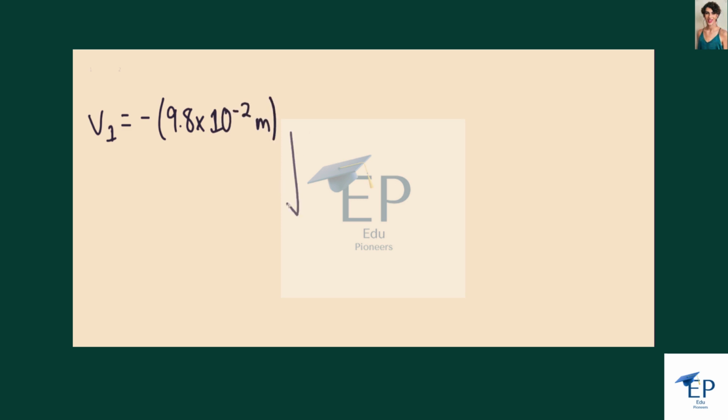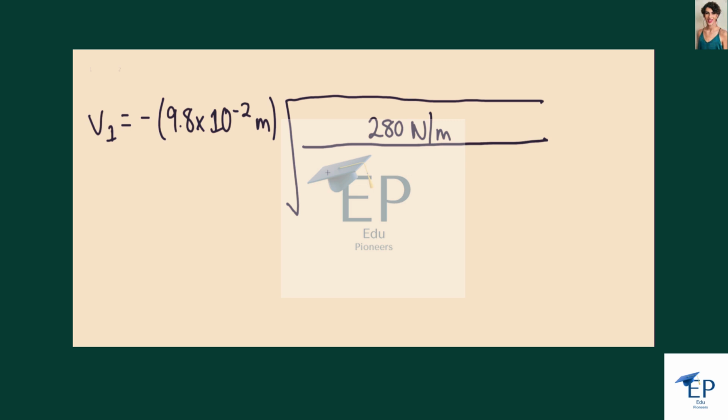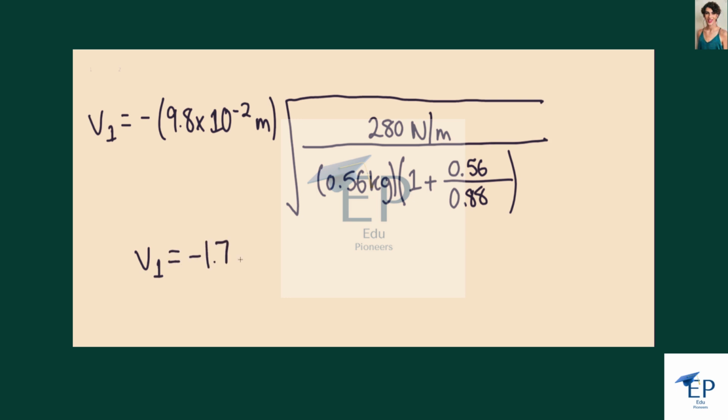This would be multiplied by the square root of 280 newtons per meter divided by 0.56 kilograms multiplied by 1 plus 0.56 divided by 0.88. And we find that v sub 1 is going to be equaling negative 1.7 meters per second, or 1.7 meters per second to the left.